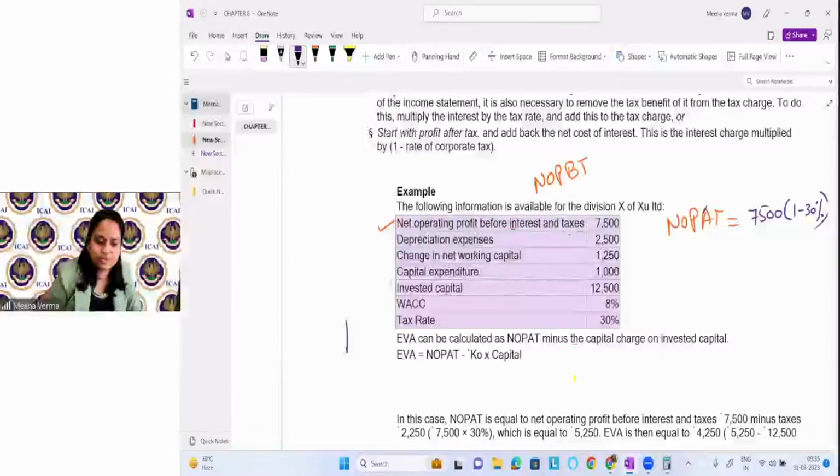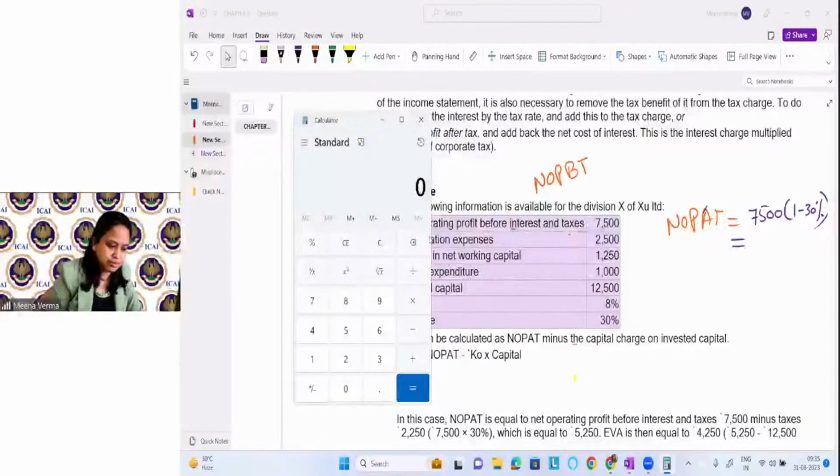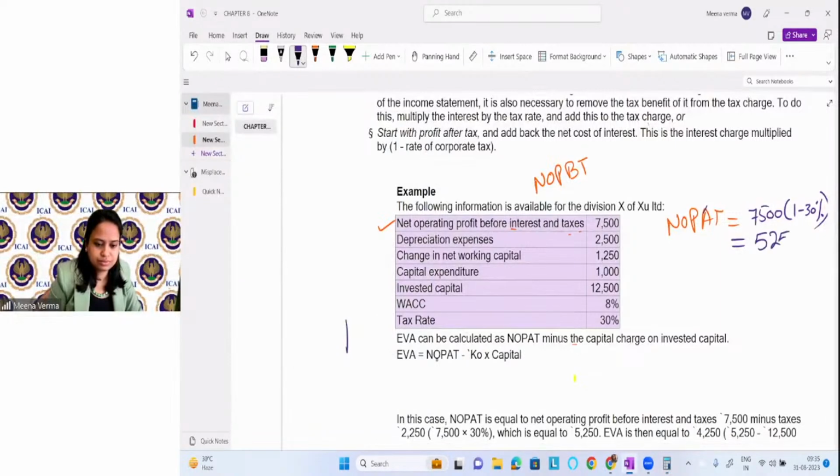So what is it coming to? Let me calculate it. This is the net operating profit after tax. 5250 is the net operating profit after tax.